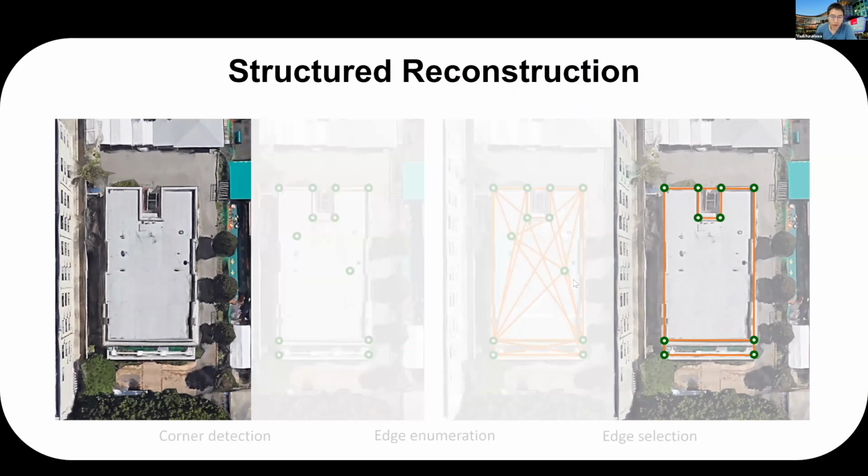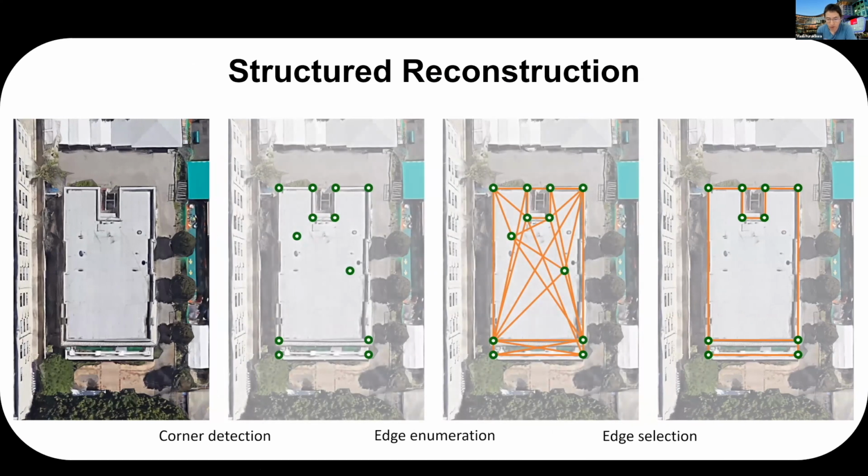We did this in 3 steps or 4 stages. We do corner detection by, say, a standard CNN. We enumerate edge candidates by some heuristics. And now, given some number of corner candidates and edge candidates, we choose a good, correct set of edges.